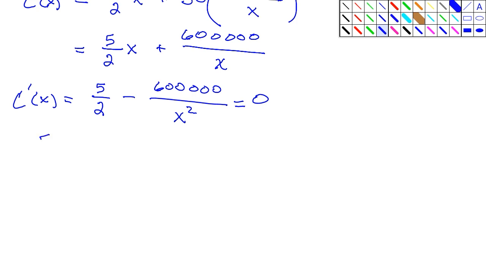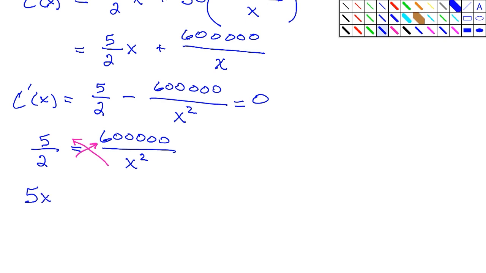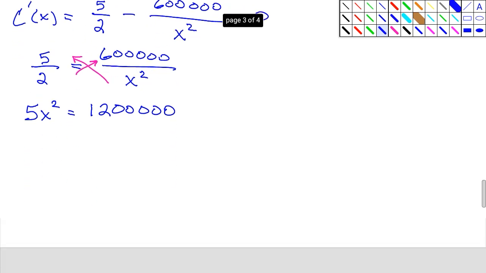So I'm going to move the fraction to the right side, and then I'm going to cross multiply. So I get 5x squared is equal to 1,200,000. Divide by 5. That's going to be 240,000.